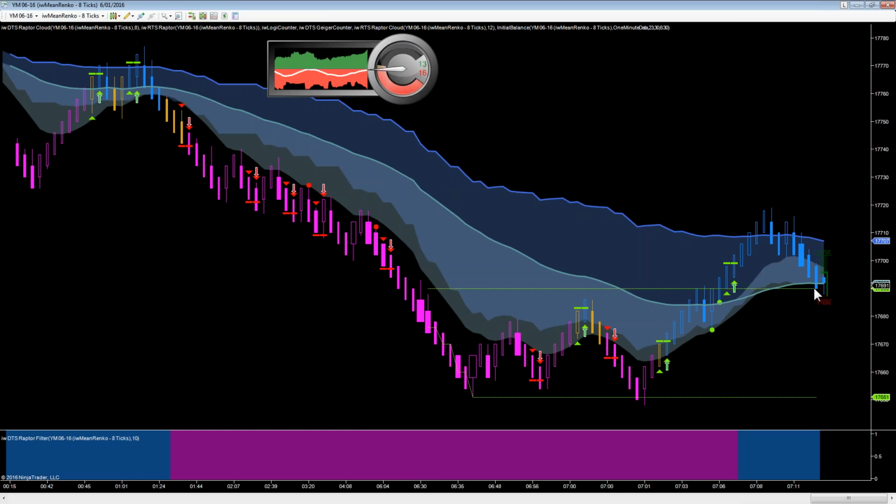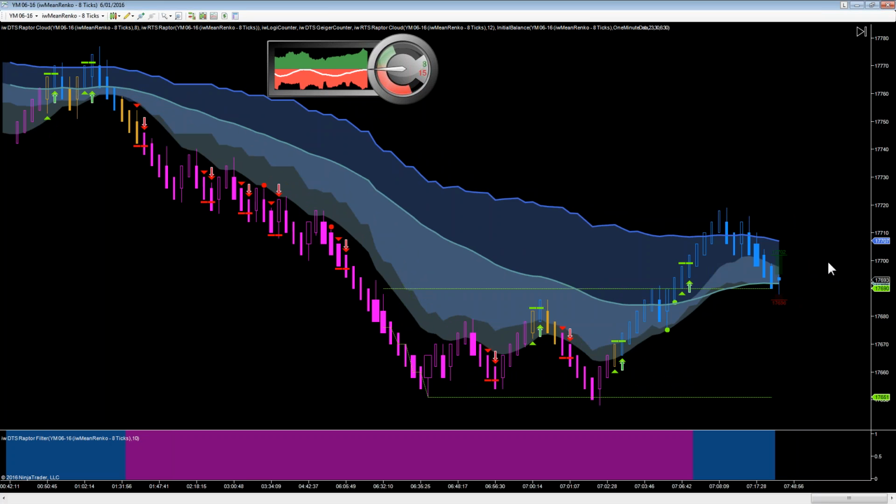So the opening range high, so the market broke, retesting, might get the cloud crossover signal here out of the mini Dow. See, the mini Dow also gave us the soft edge buy signal here after the retest of the low. Good progression higher.